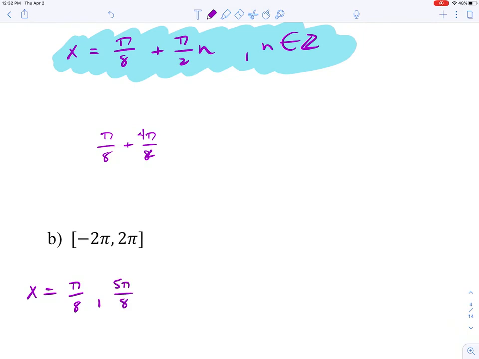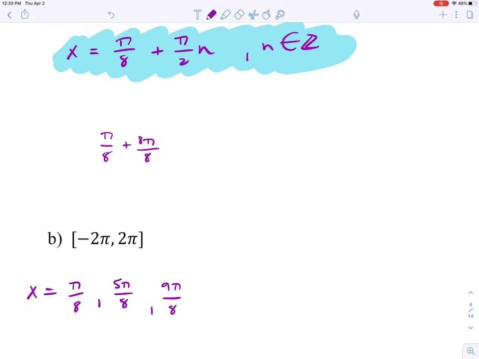That's between negative 2 pi and 2 pi. When n equals 2, that's pi over 8 plus pi, which is pi over 8 plus 8 pi over 8, or 9 pi over 8.